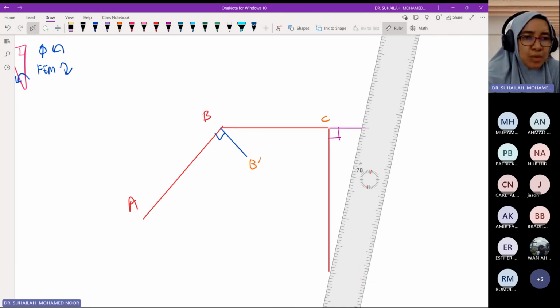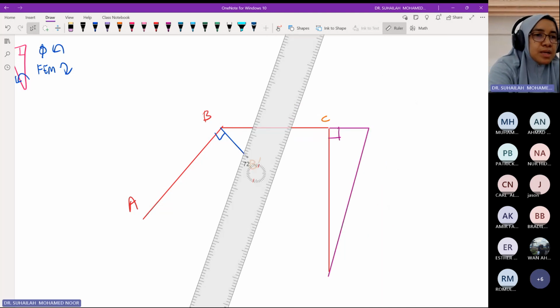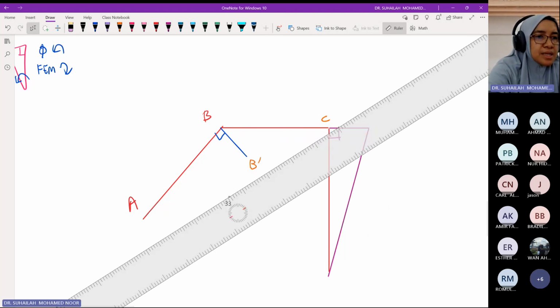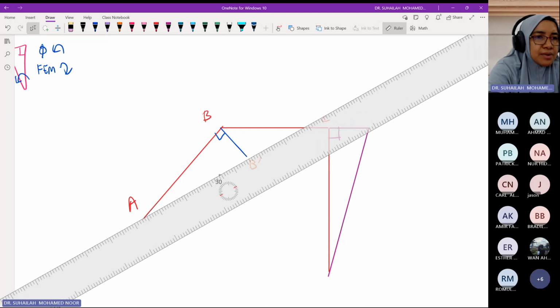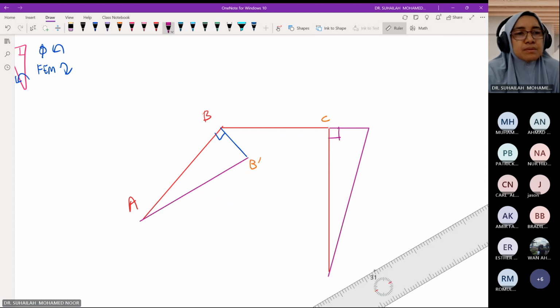So setiap kali kena tengok pada kolom dulu. Okay. So ni segitiga dia. Okay. So yang ni segitiga tadi yang ni segitiga yang AB punya. Okay. So yang ni C prime.